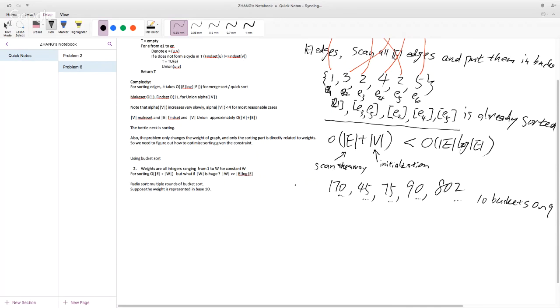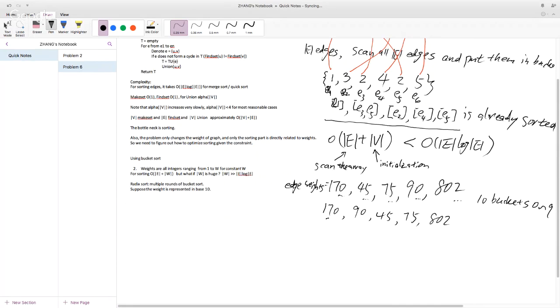Let's assume the digits are 0, 5, 5, 0, 2. How can we solve this using bucket sort? And the result of the bucket sort is this one: 90, 45, 75, 820. This is the result of the first round.